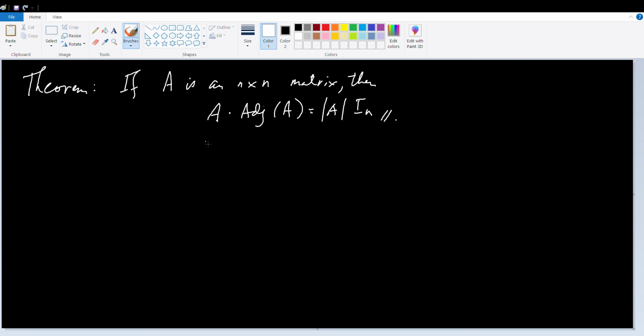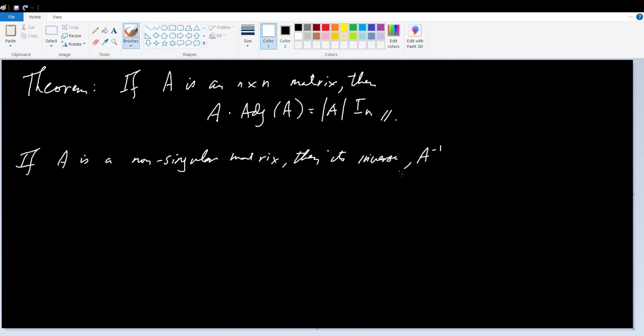From this, it will lead us also to a formula that will determine the inverse of a matrix. All right? So, if A is a non-singular matrix, meaning to say that its inverse exists, then its inverse A inverse exists. All right?